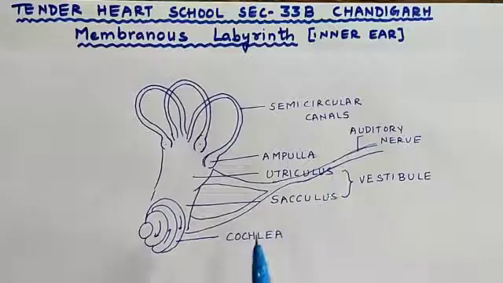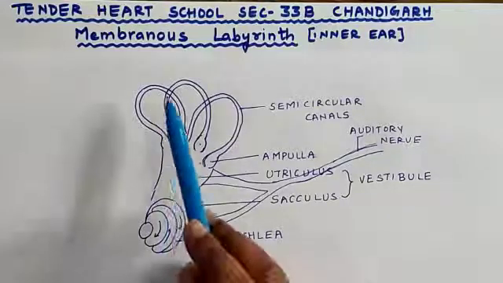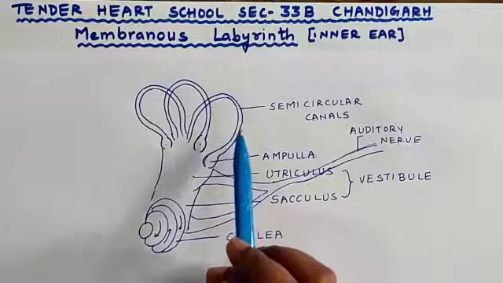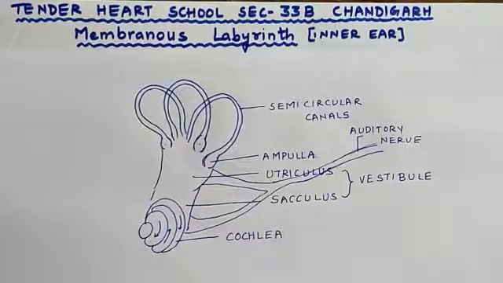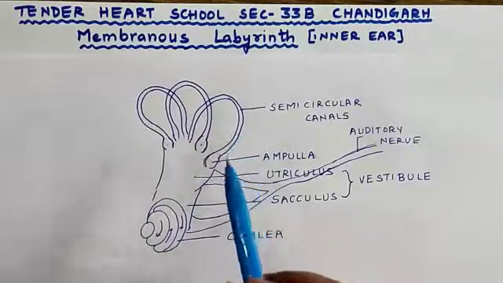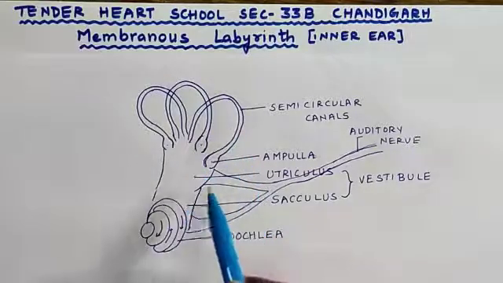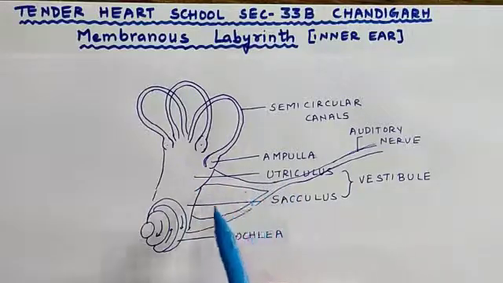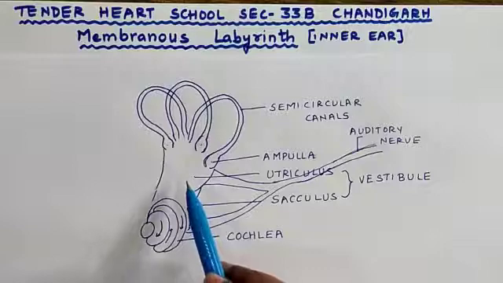So the major parts of the membranous labyrinth: the cochlea, which helps you to hear, having the sensory cells for hearing, the organ of Corti; three semicircular canals, which are responsible for the dynamic balance of the body; and then this vestibule, which is made up of utriculus and sacculus, and this region is responsible for static balance.